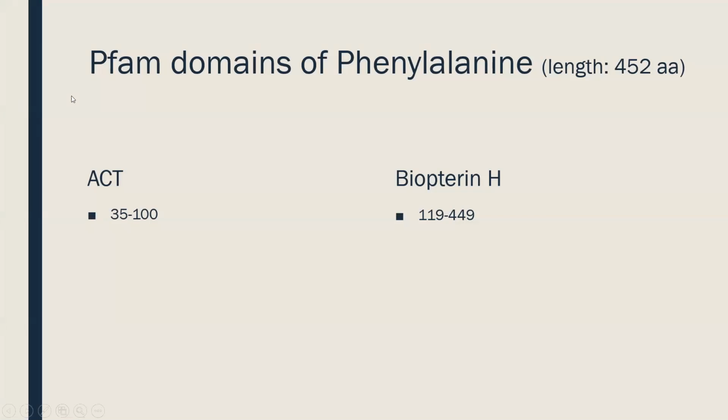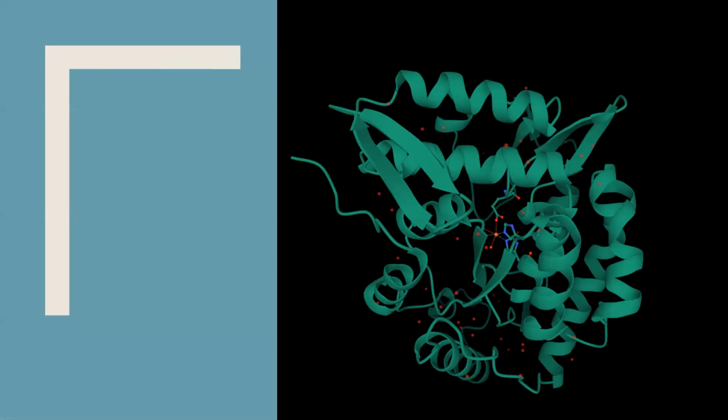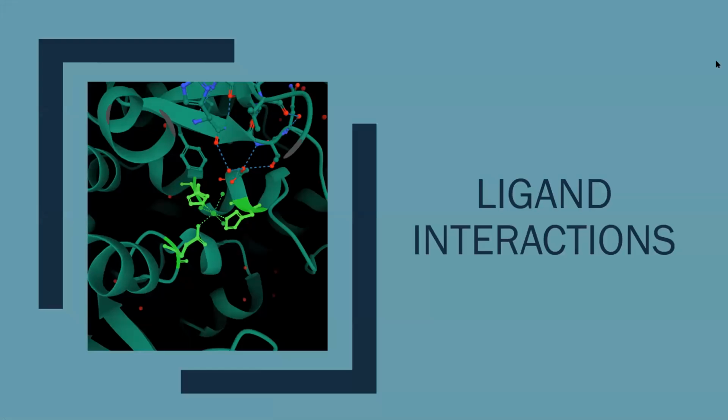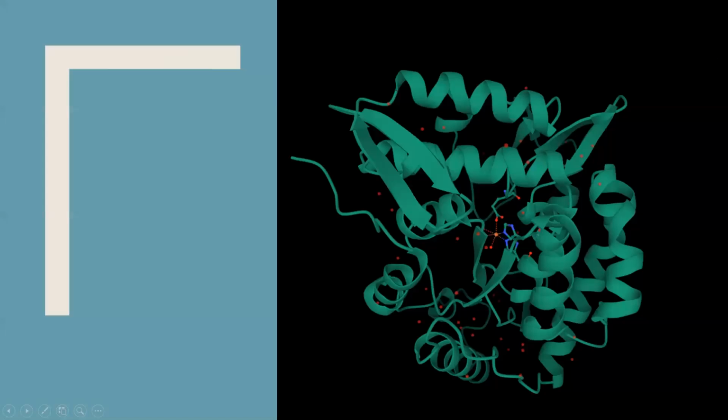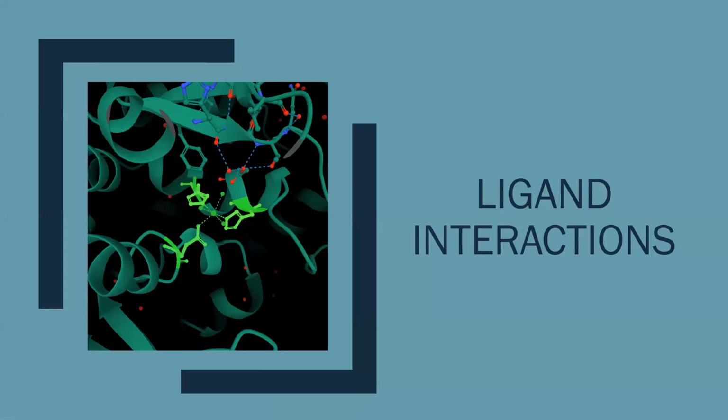The Pfam domains were ACT and biopterin, which are the areas found along the whole length, which is 452 amino acids. And here's another angle of the structure, the ligand interaction. I zoomed in on the center and highlighted it in lime green.